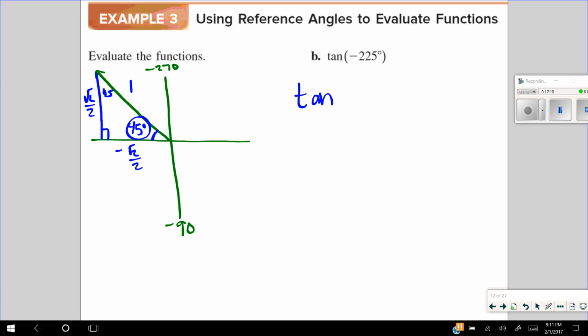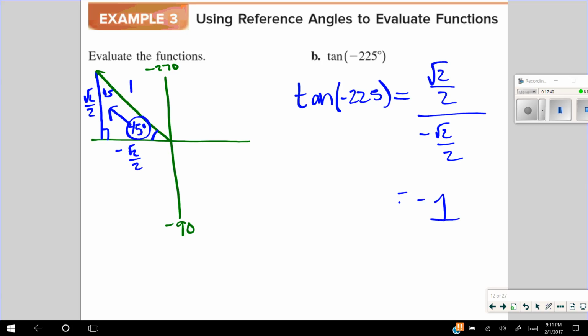So tangent of negative 225 is really tangent of my reference angle, 45, which is opposite, square root of 2 over 2, over adjacent, negative square root of 2 over 2, which is just negative 1. Okay? So tangent of negative 225 is negative 1. That one you could check in your calculator because that doesn't have any irrational numbers in it. But make sure your calculator's in degrees. Okay?